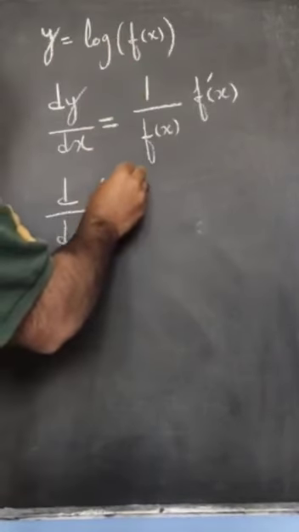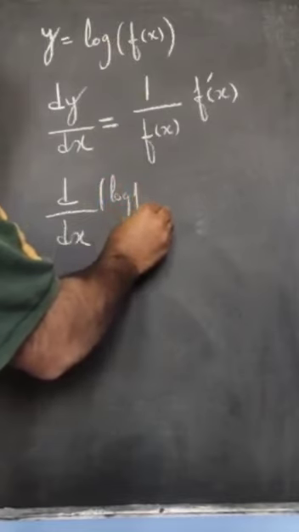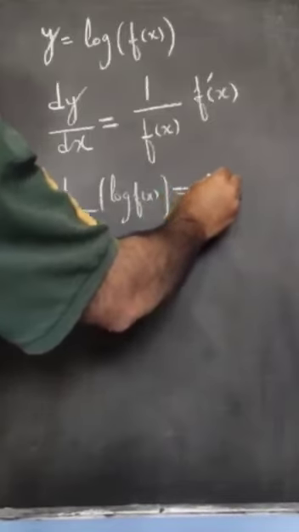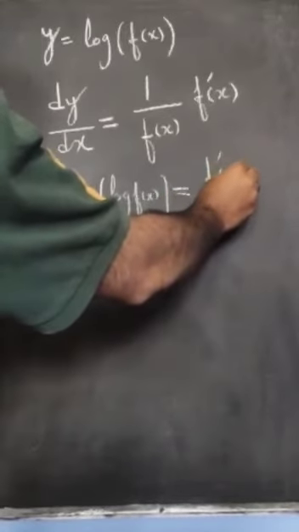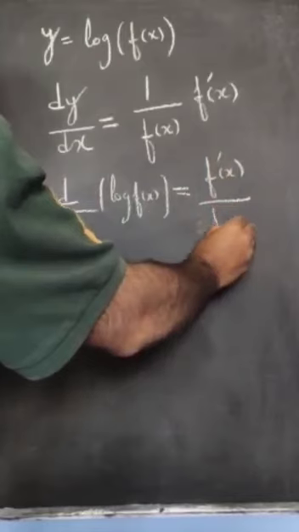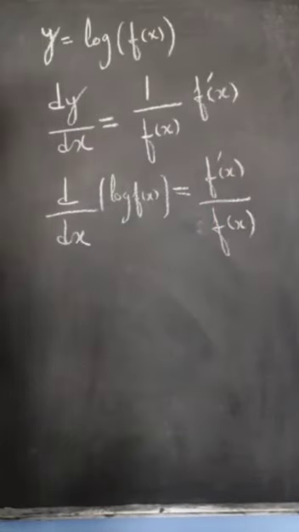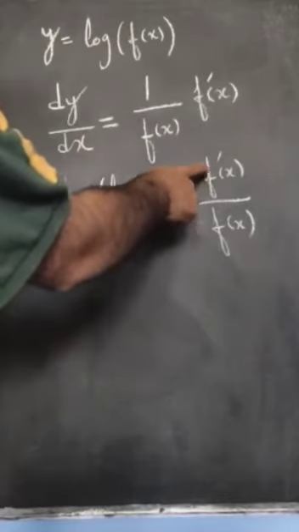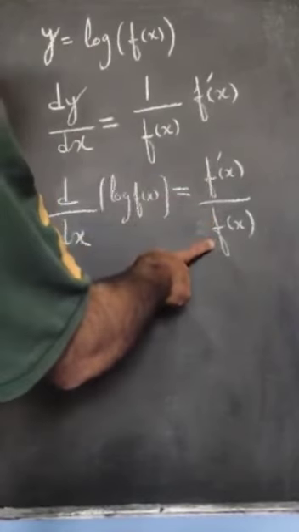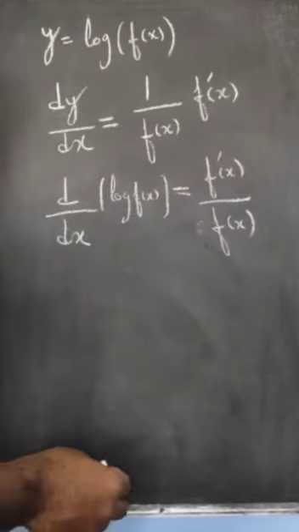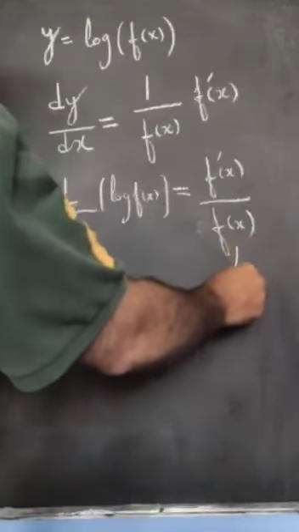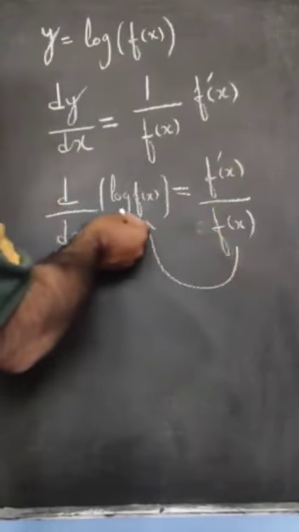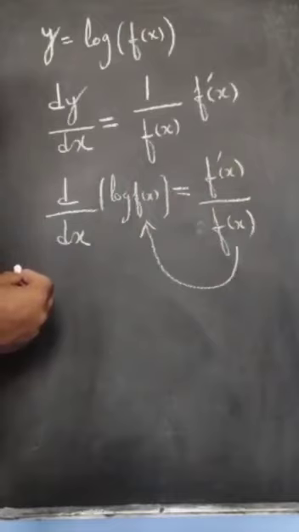So we write derivative of log of f of x is equal to f dash x divided by f of x. Now that means derivative of log of f of x is equal to f dash x divided by f of x, which means antiderivative of f dash x divided by f of x is equal to log of f of x.